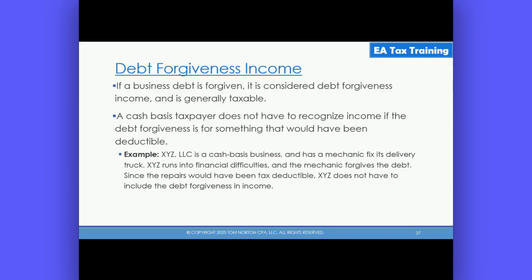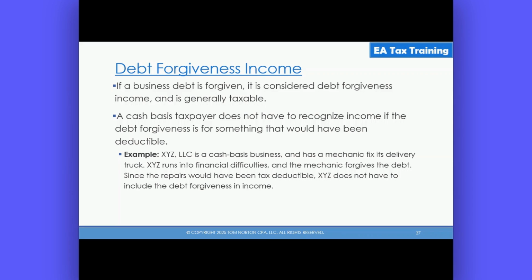So you would deduct $1,000 for that. If the mechanic then forgave that debt, you ran into financial difficulties and the mechanic said, forget about it. You've been a good customer over the years. I'm sure you'll get back on your feet. Don't worry about the $1,000. If you were accrual basis, you would then have to include that $1,000 in your income.